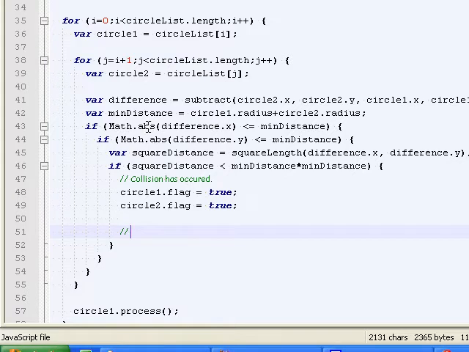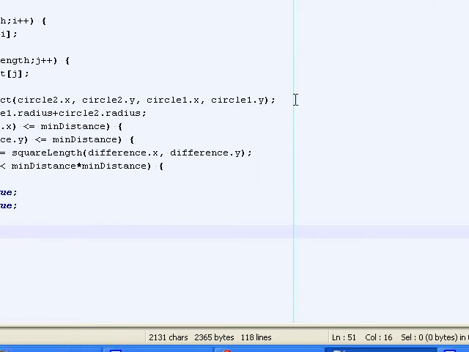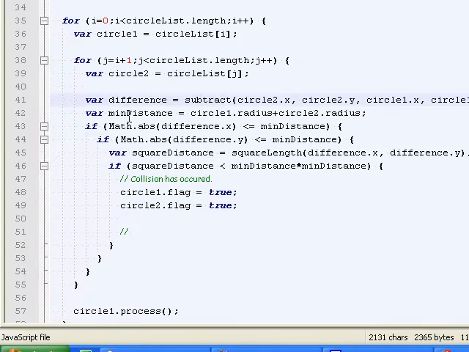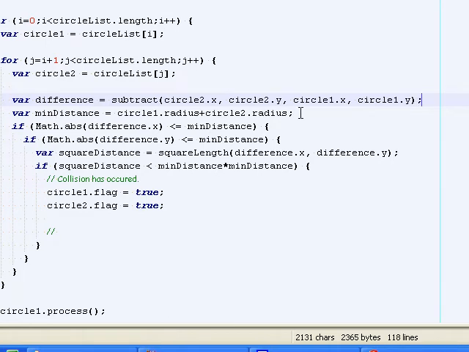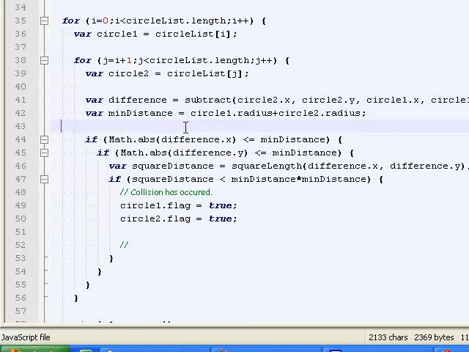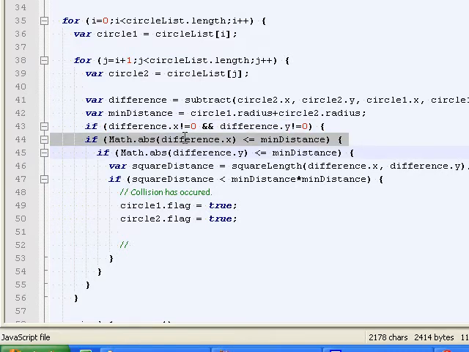If that difference is 0, there's not much you can do. You basically have to wait for them to get off each other, to not be in the exact same position. So I'm just going to go straight off if the difference is not 0, so that means there actually is a distance between them.